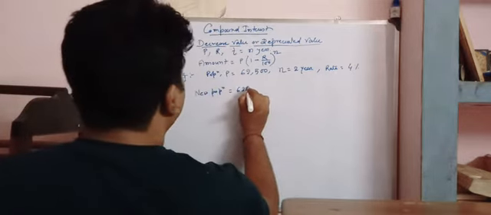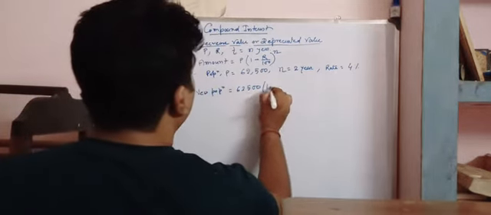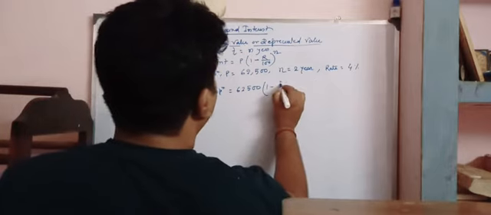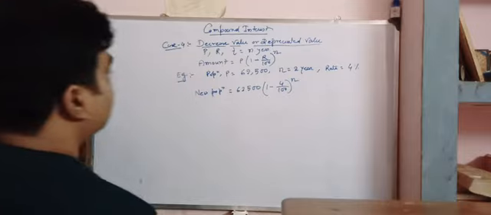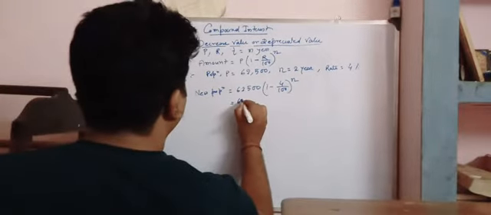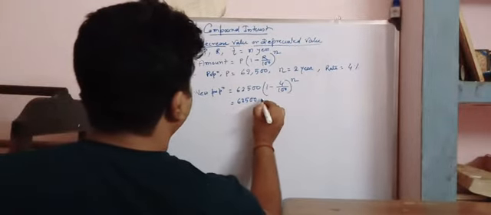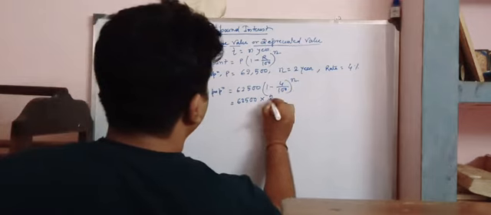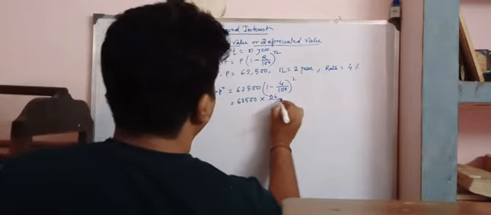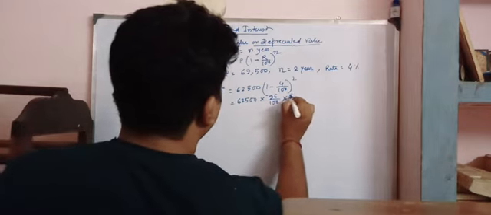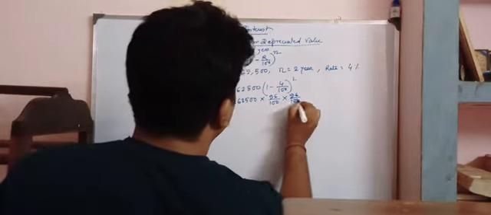That is equal to 62,500 into (1 minus R by 100), where R is 4, and N is equal to 2. This is 96 by 100 into 96 by 100.